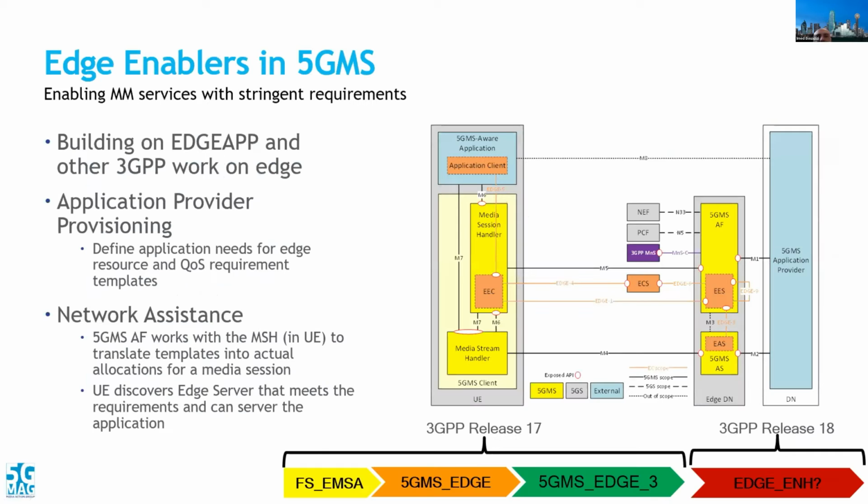So it started with a study item, which we called EMSA. And then this moved into stage 2 work, where the architecture has been defined, and you can see the architecture in the picture here. So basically, it's an integration of the Edge app or the SA6 architecture on Edge and the SA5 architecture on management.